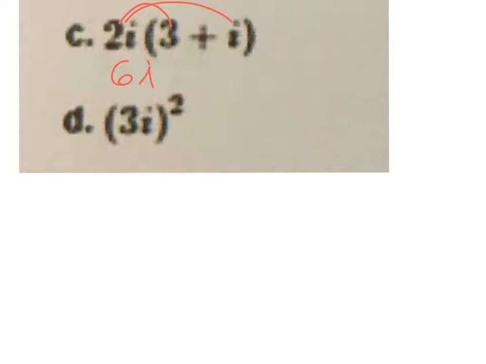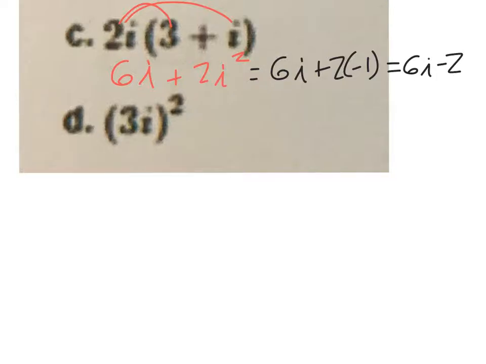Okay, and then 2i times i is 2i squared. But we talked about earlier, i squared is equal to negative 1. So that is going to be 6i plus 2 times negative 1, which simplifies to 6i minus 2.